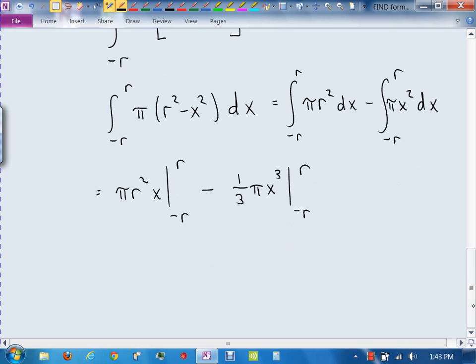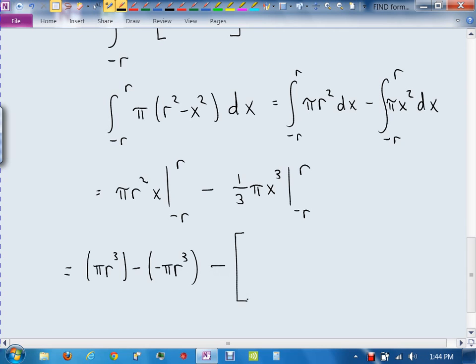Let's plug in and see what we get. What happens on this integral, or this, when we plug in r? We get pi r cubed minus, now plug in negative r, you get negative pi r cubed. With me? Minus, there's my minus sign.